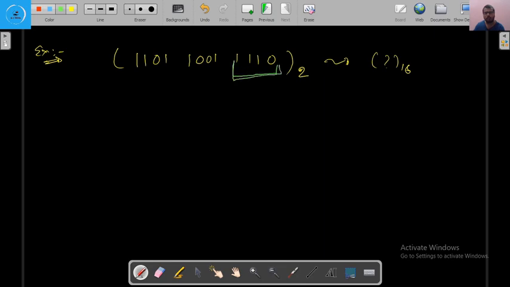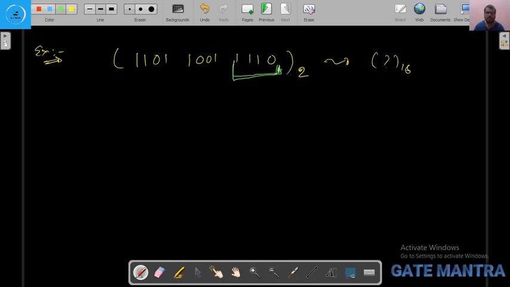So we are going to group here 0 1 1 1. For this, 2 to power 3 plus 2 to power 2 plus 2 to power 1, how much will it be? 8 plus 4 plus 2 is equal to 14. So we can write 14 in hexadecimal.